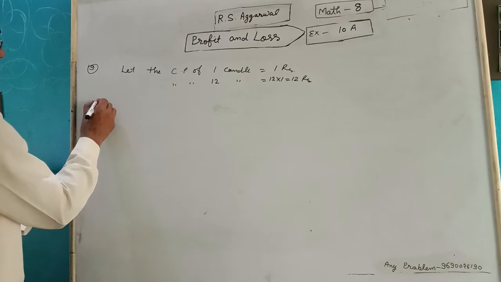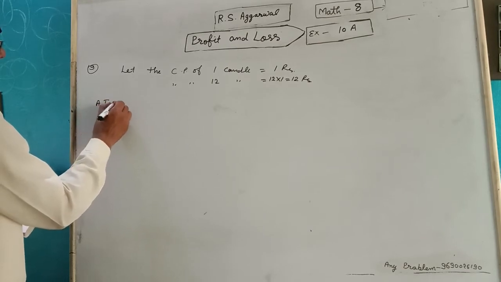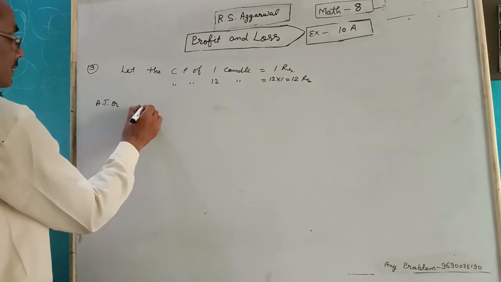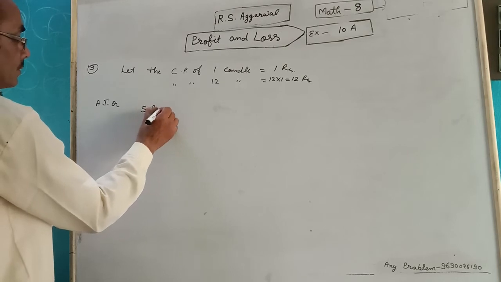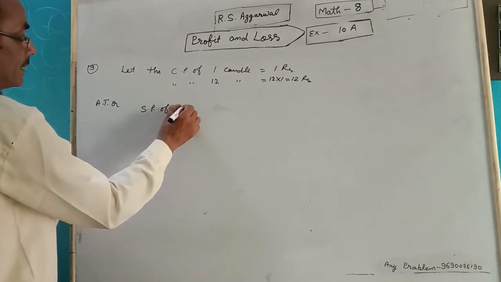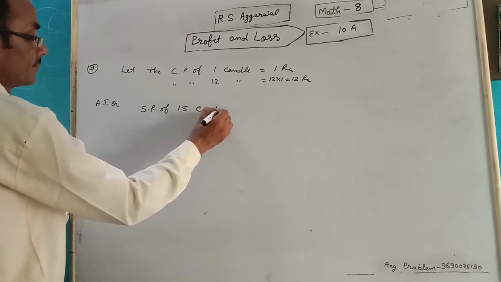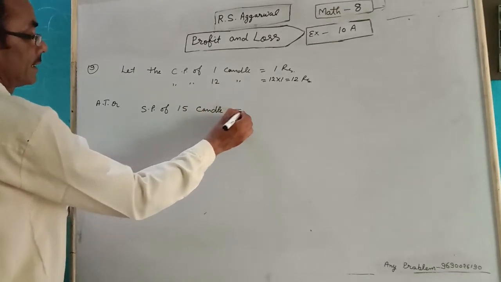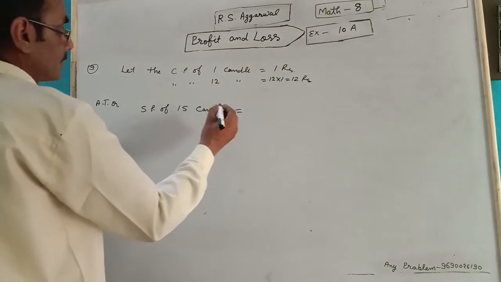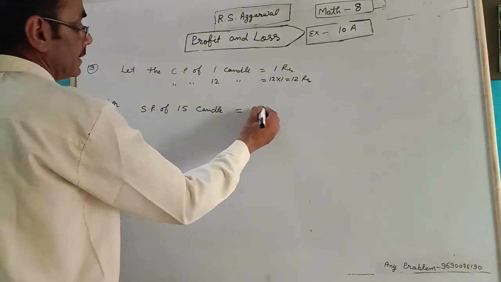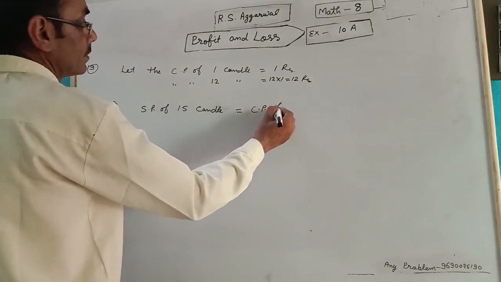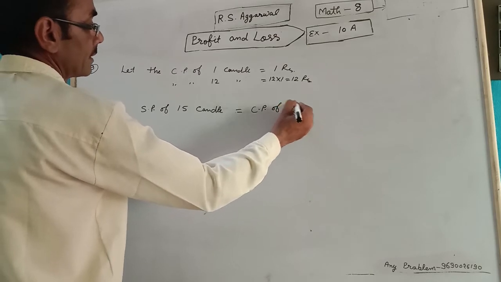According to the question, SP of 15 candles is equal to CP of 12 candles.